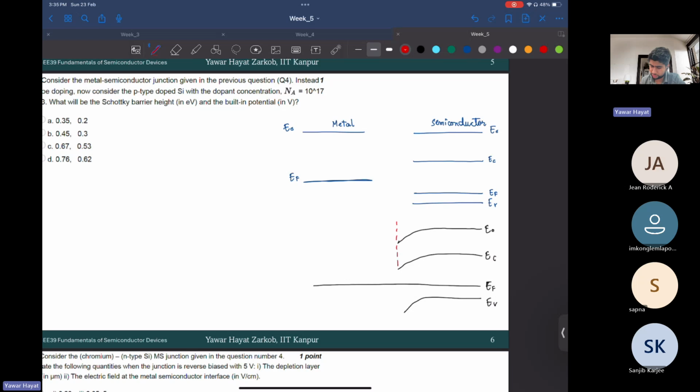This is your junction. Now you need to compute first the Schottky barrier height. What will be the Schottky barrier height for this question? The Schottky barrier height would be this, and this would be the qΦB.